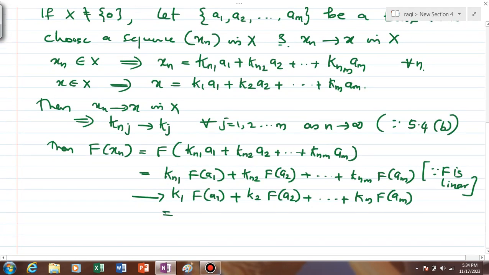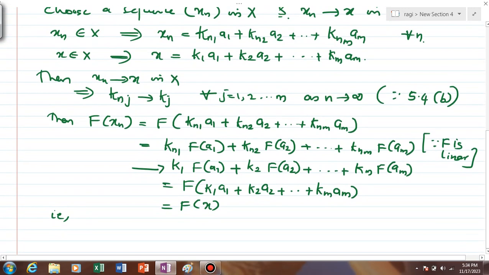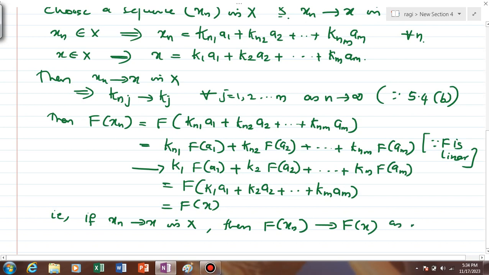This is actually F(k1 a1 + k2 a2 + ... + km am) by the linearity of F, and this is nothing but F(x). That is, we have proved that if xn converges to x in X, then F(xn) converges to F(x) as n tends to infinity. This means that the function F is continuous.